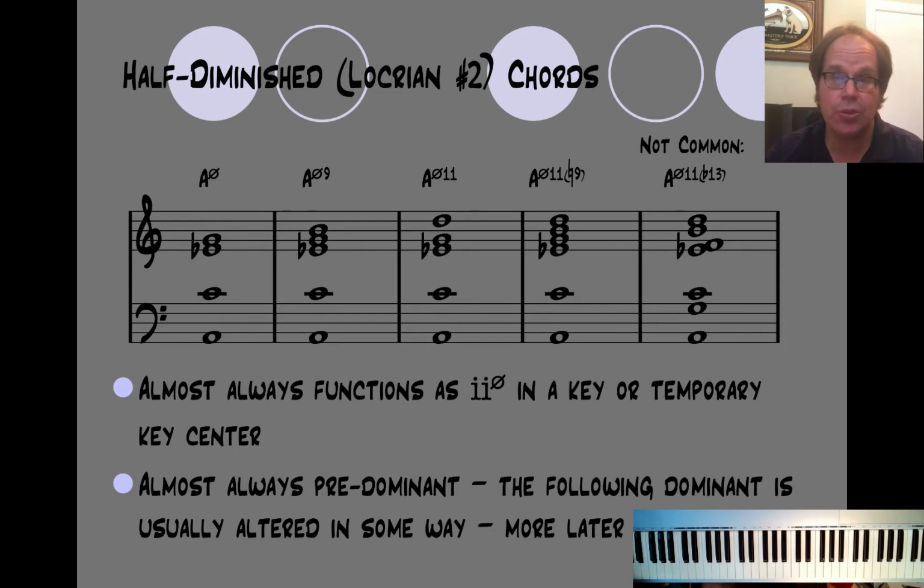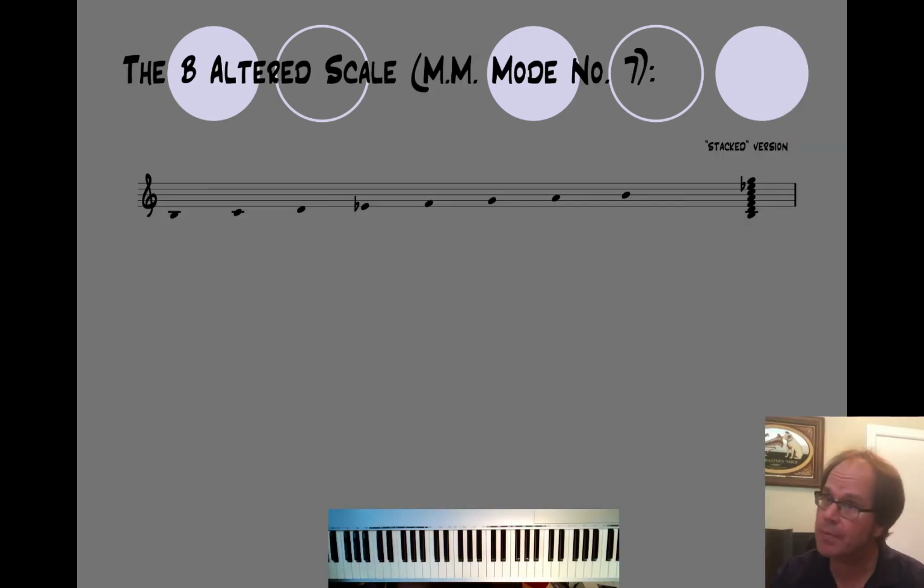So this is usually the 2 in a minor 2/5, almost always a predominant, like I said. So the following dominant, usually in a minor 2/5, is usually altered in some way, right? So, we're going to talk about that now.